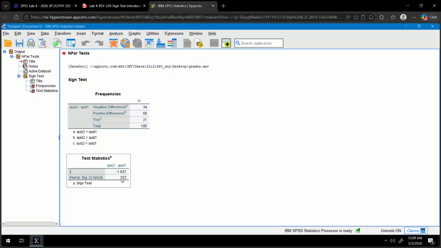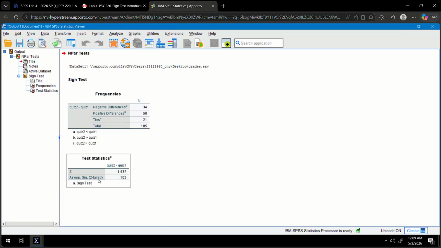And if we fail to reject the null hypothesis, we have to conclude that for quiz 1 and quiz 2, there's no difference between them. So that intervention that you did at the end of quiz 1 to make quiz 2 better, that intervention did not work. There's no difference between quiz 2 and quiz 1, no significant difference. 0.102 is greater than 0.05.